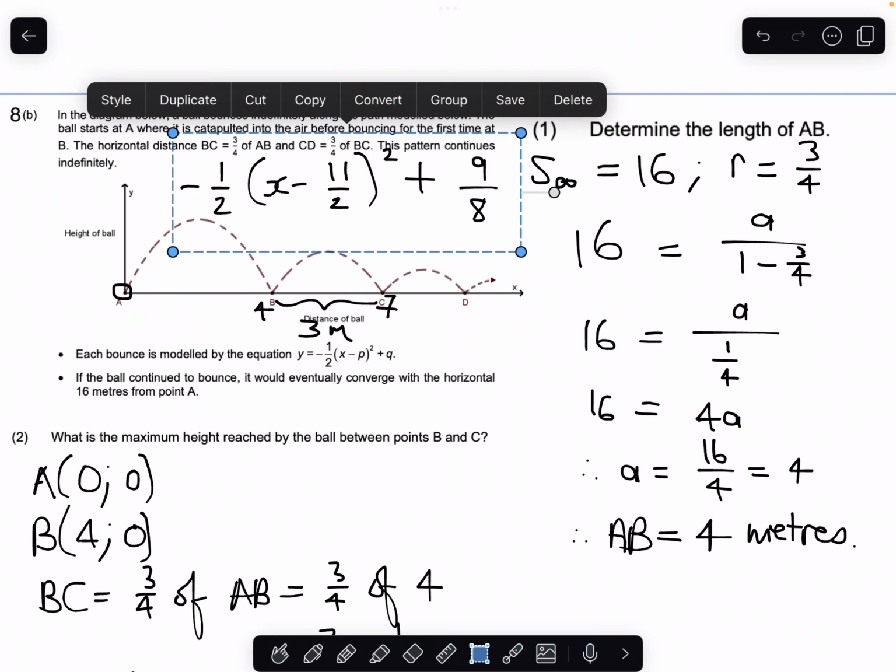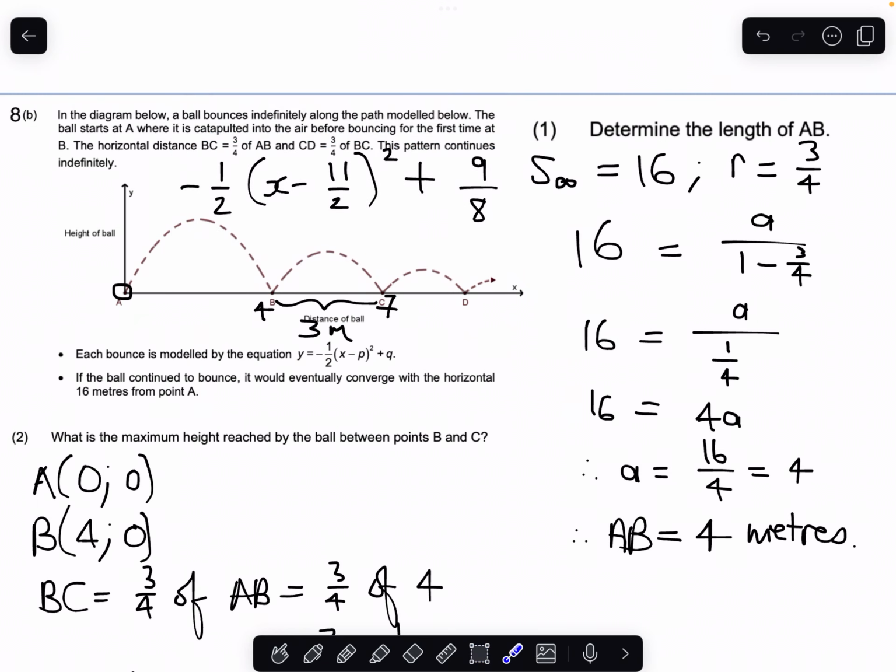So what this is telling us is that y is equal to this is the equation for this parabola over here. It's a parabola that is downward facing, concave down, relative to the parabola that goes through the origin.